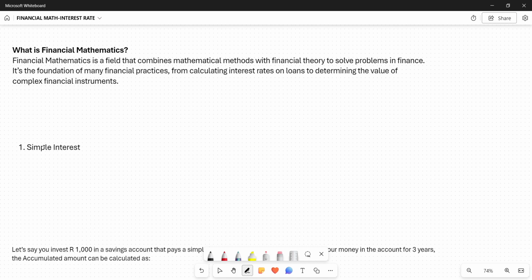So now suppose that we have the amount deposited, which we usually call the principal amount.